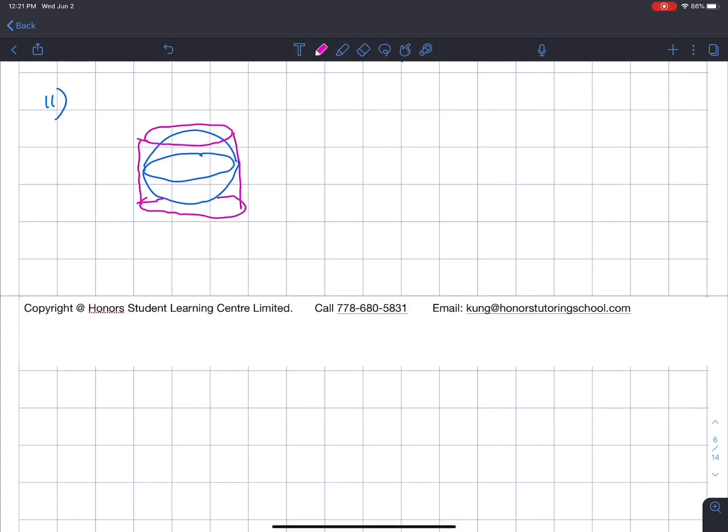With radius r fit exactly into a cylinder. So this will be r, which means this has to be 2r, right? Because that's also one radius and another radius.